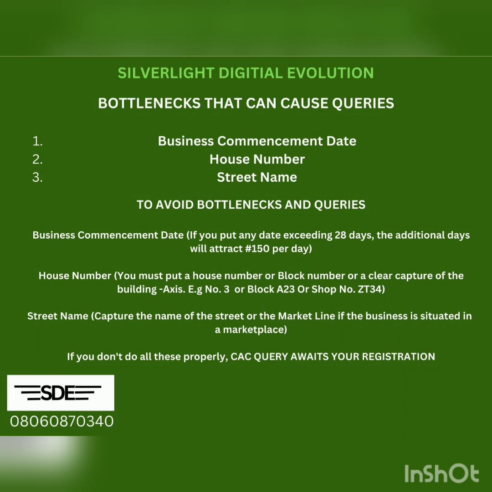If you do not put any number to describe a building, CAC is going to query it. So you must put a house number or block number or a clear capture of the building as is. Example, number 3 or block A23 or shop number ZT34.